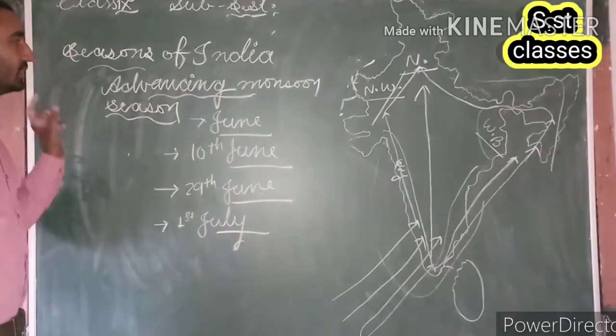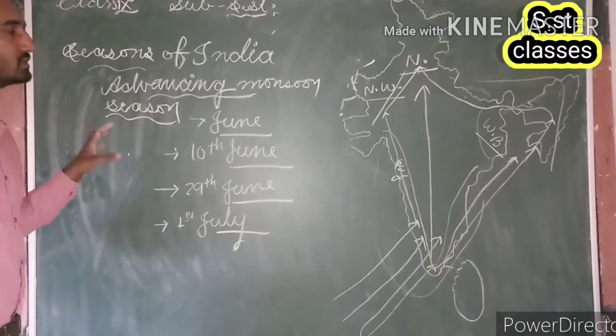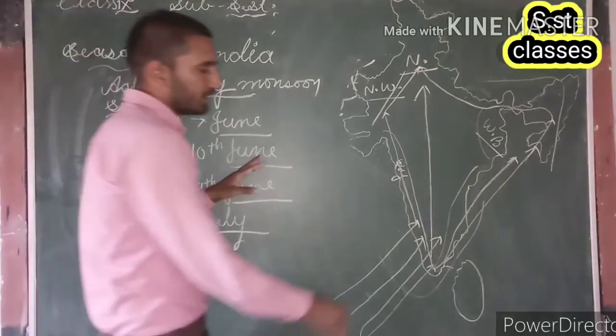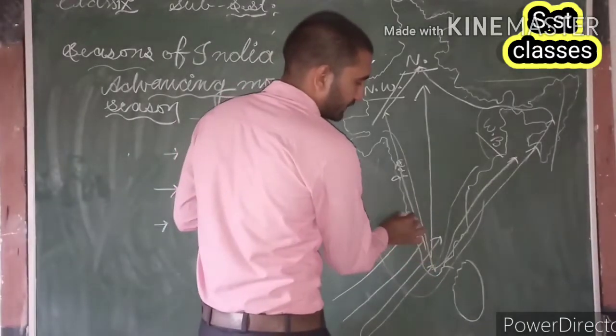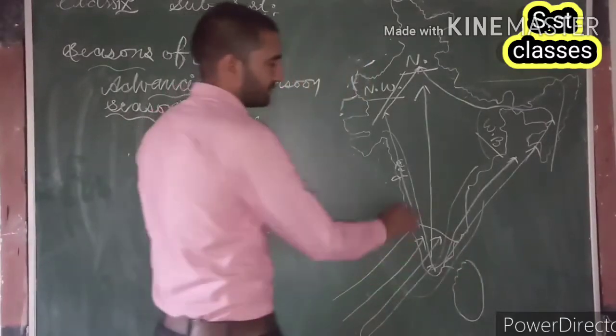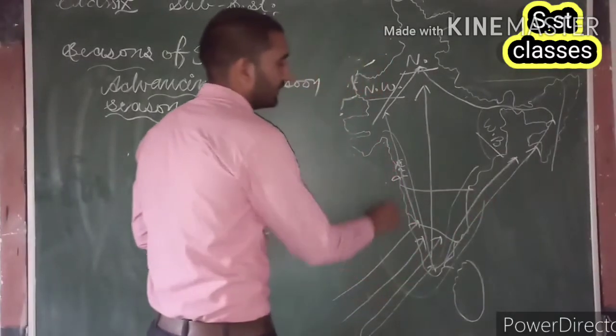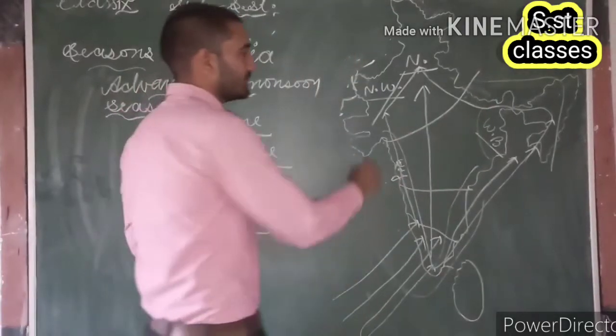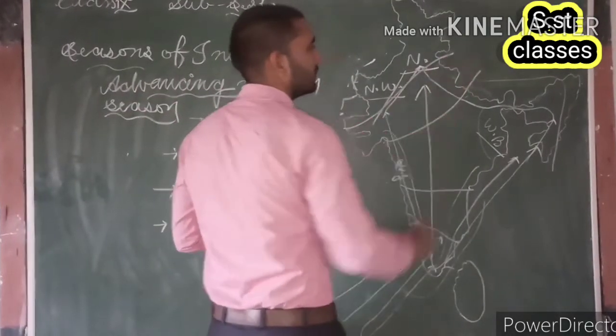So this is the advancing of monsoon season. We start from the first week of June. Means to say that this part of India receives rainfall during the first week of June. After that, 5th June, then 15th of June, and this part till 29th of June.